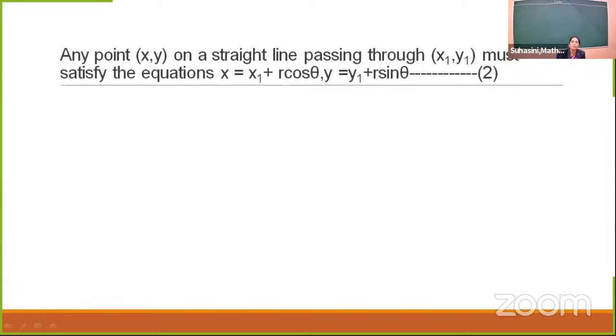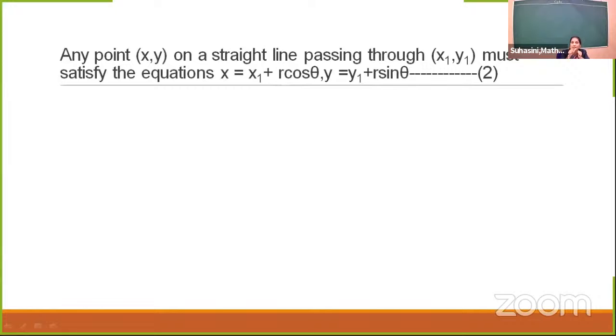Why do we use the parametric equations of the straight line? When we know a point on the straight line and we need to know another point on the straight line which is at a distance of r units. Same case here, we know point P on the straight line, and I need to know the coordinates of A on the same line.